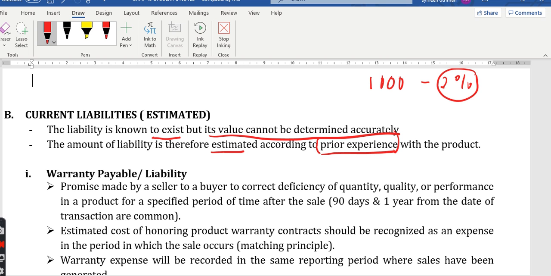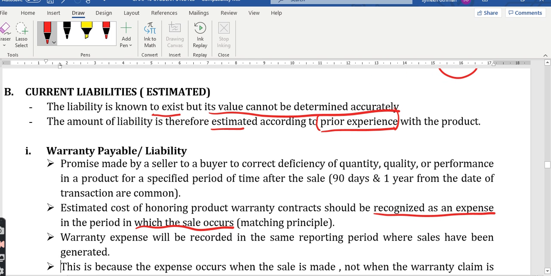So the estimated cost of honoring the product warranty contract should be recognized as an expense in the period in which the sales occur. So the warranty expense will be recorded in the same reporting period where sales have been generated.